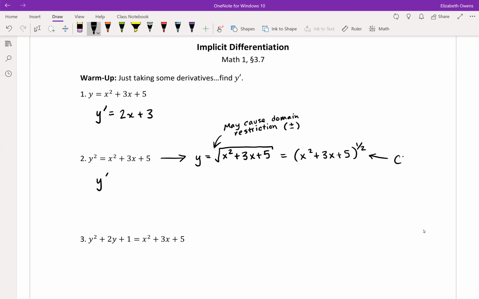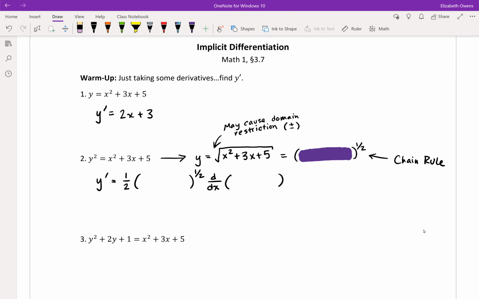Okay, so now we need chain rule. And we would get, I'm going to do kind of an adapted hand method here, the cover up type of thing. So I'm going to cover up the interior, and I would have 1/2 interior stuff, purple square, to the 1/2 power, and then times the derivative of that interior covered up stuff.